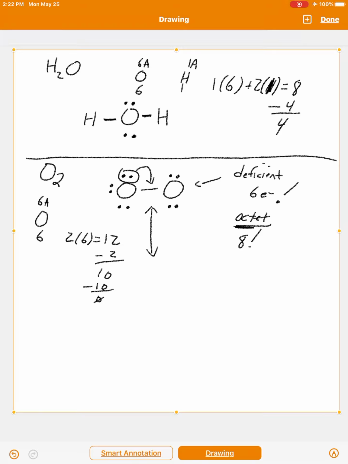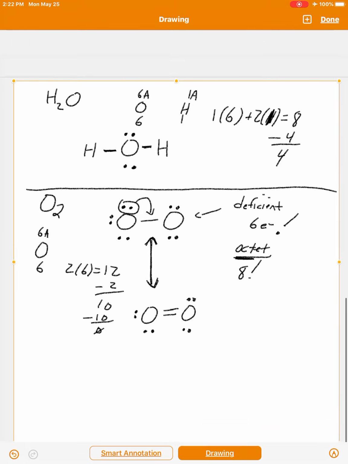And then below, I put a double-headed arrow to indicate that we're drawing a different Lewis structure based on the previous one. Once we do that, now we find that 2 pairs of electrons are shared between each oxygen atom. And they now both have 8, right? Because remember, all 4 electrons in the double bond count for each atom. So that's 4. Each atom has 2 lone pairs, and there you go.